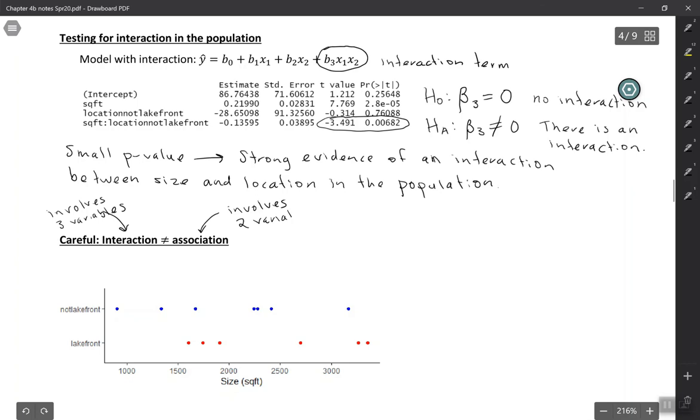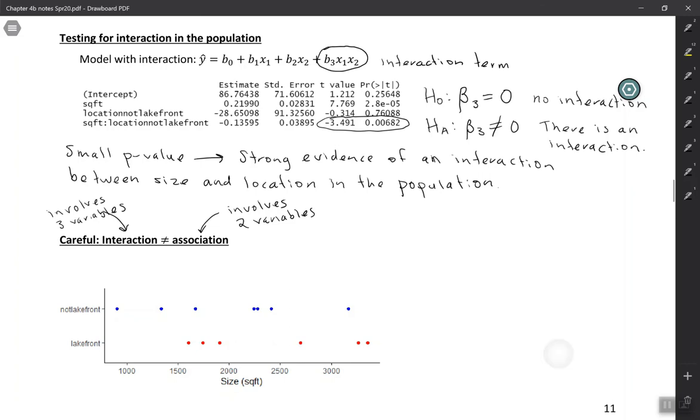So let's say that we were interested in the association between size and location. You can see in this plot, I don't have anything about price at all. It's just the relationship between size and location. And you can see here a trend we talked about earlier, that the lakefront houses do tend to be a little bit larger, right?